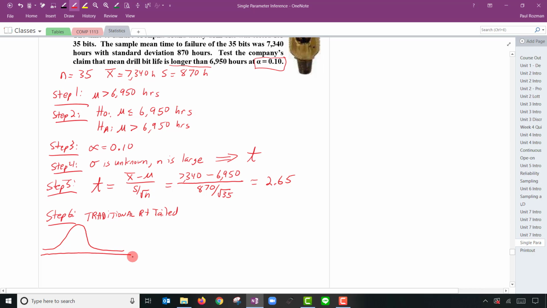So if we're doing a right-tailed test, we only have one critical value. It's a t-score in this case, and we'll write t with a subscript alpha, where alpha is the area underneath the curve to the right because we're doing a right-tailed test. And we know that that alpha in this case is 10%.